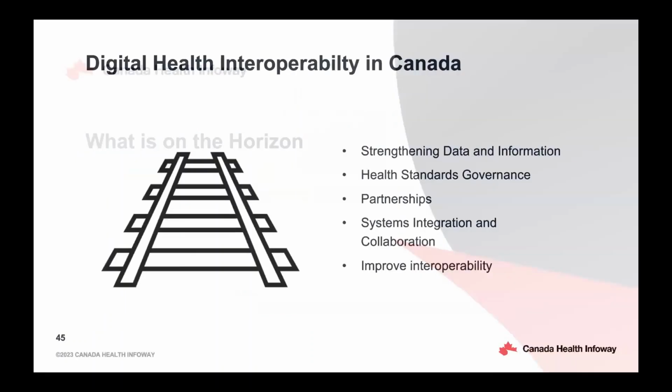So quickly, what's on the horizon? I know Abby will be talking a little bit more about what's on the roadmap for interoperability later on. So this is just to say that we know that to go forward, there need to be good governance models and strong partnerships to be successful.